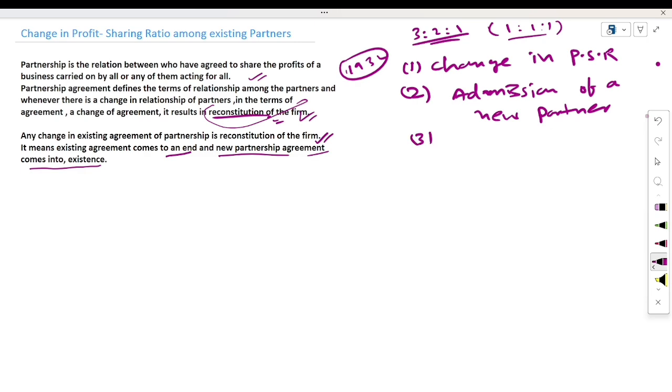Third, reconstitution of a firm may be retirement of a partner. Fourth, reconstitution may be death of a partner.